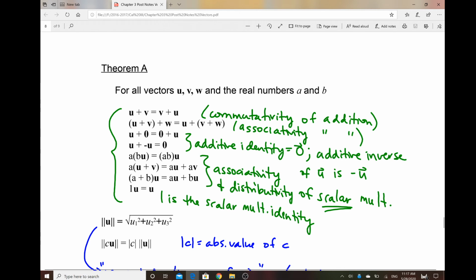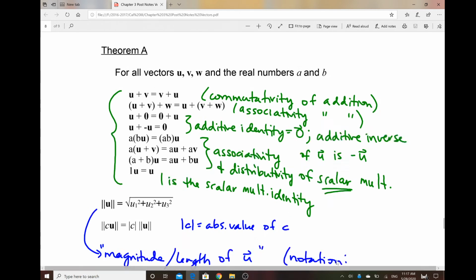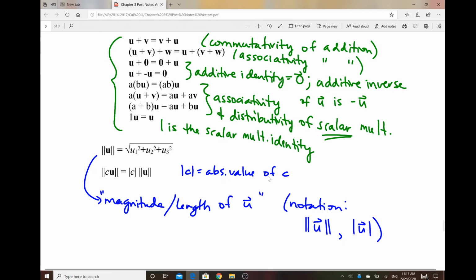Again, the magnitude of u can be defined by using the Pythagorean theorem. If you see the double vertical bar like this, it's called the magnitude or the length of u. So the notation is the magnitude of u, or this can be written as the absolute value of vector u.